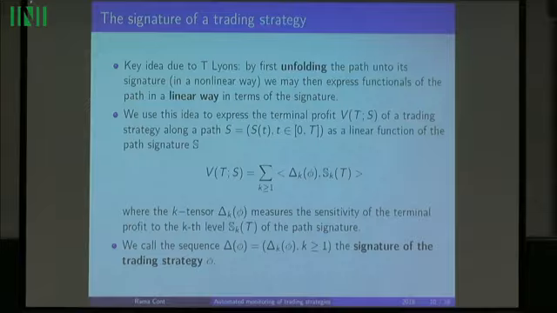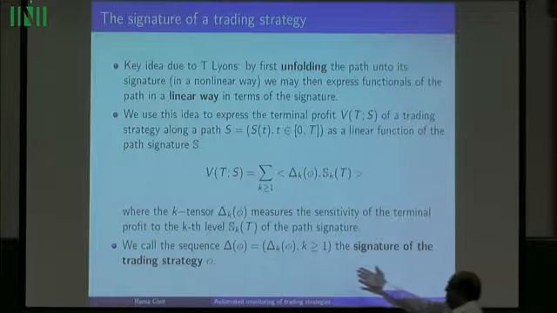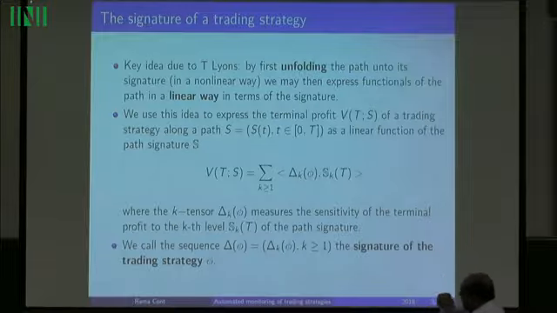So delta k summarizes how the variations of the path from 0 to t of the components are transmitted into the portfolio. We call this sequence, the delta k's, the signature of the trading strategy.